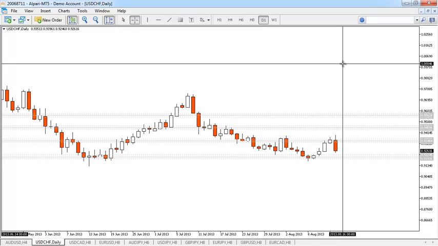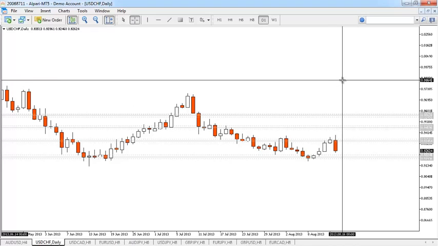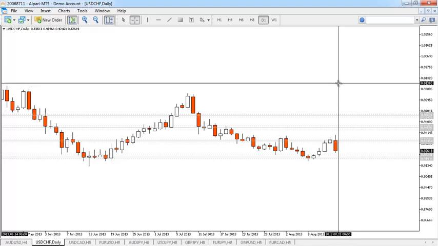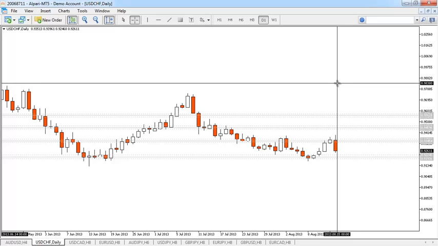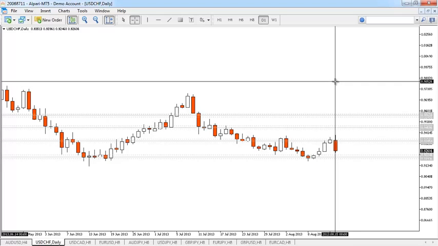I can't get it exactly, but the 1.0000, that's an extremely strong psychological level. But there are smaller psychological levels, and you're generally just looking for the zeros or looking for the 50s. So 0.9850, which is roughly there, that's a psychological level. It's just these rounded numbers because traders tend to place their stop losses and their entry targets at rounded numbers. And that's why rounded numbers tend to have a little bit of support resistance.